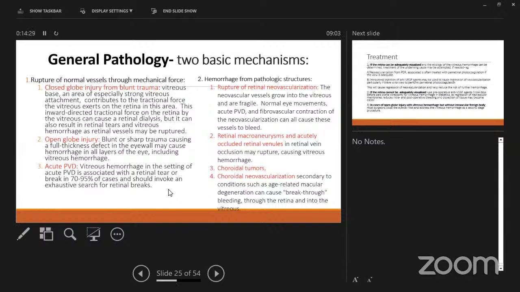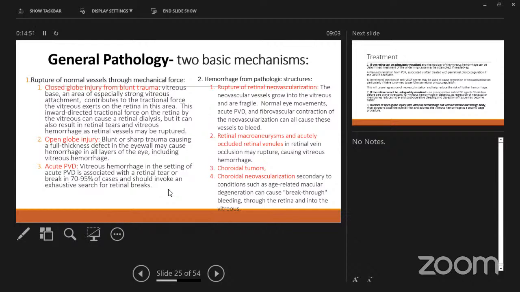So there are two basic mechanisms: rupture of normal blood vessels through mechanical force, or hemorrhage from pathological structures. As I have described, it can be either injury, closed globe with blunt trauma or open globe, and acute PVD. Vitreous hemorrhage in the setting of acute PVD is associated with a retinal tear or break in 70 to 95% of cases.